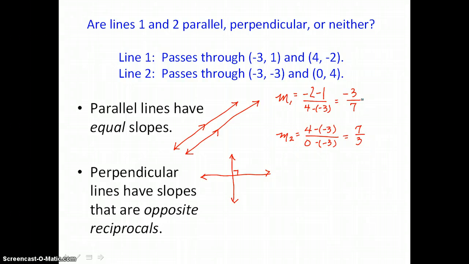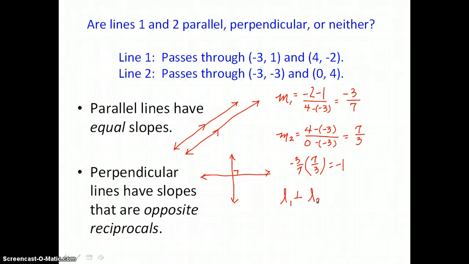Now those slopes are opposite reciprocals of one another. The reason I know that is because if I multiply negative 3/7 and positive 7/3 together, I get negative 1. A product of negative 1 indicates that we're multiplying opposite reciprocals. So that tells me that line 1 is perpendicular to line 2.